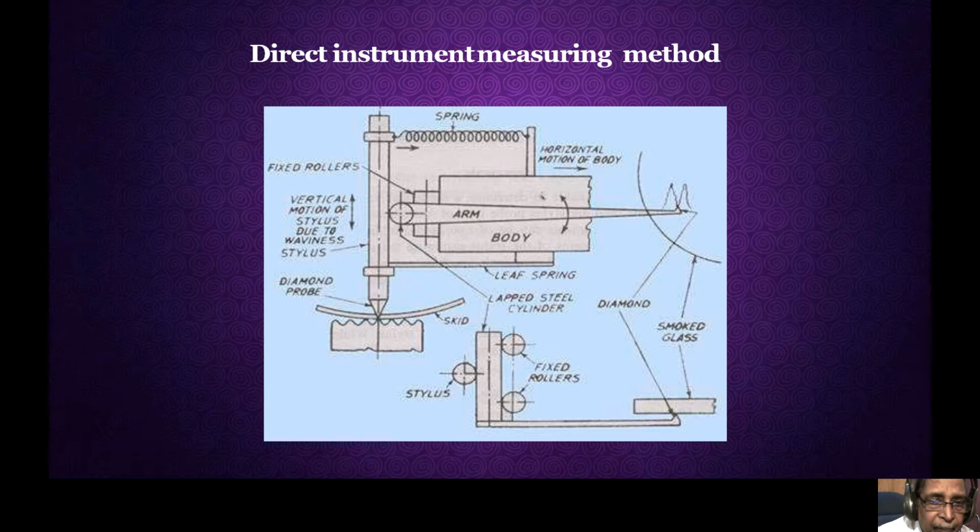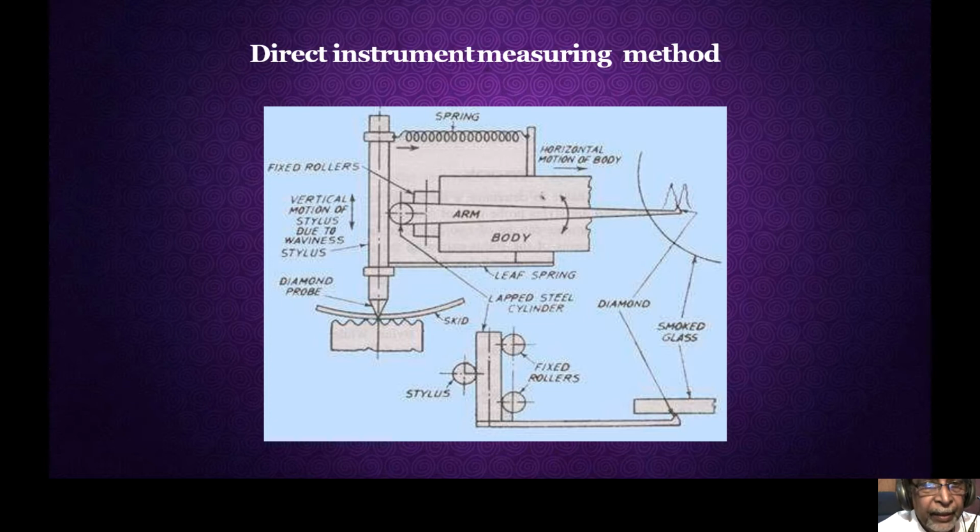And at the bottom, an object is kept which has some rough surface. Over this, an angular skid has been kept. And above this, the diamond probe is in contact.